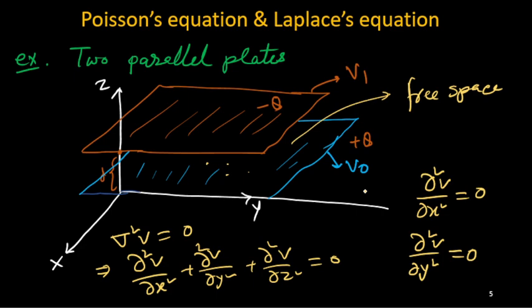So these are the two things we have got, because it's an infinite plane parallel to the xy plane. So can you see, this is becoming 0, this is becoming 0. So forcefully del square V del z square has to be 0.